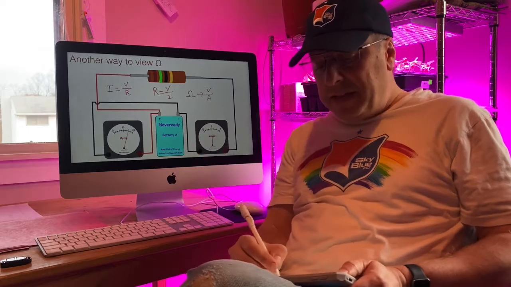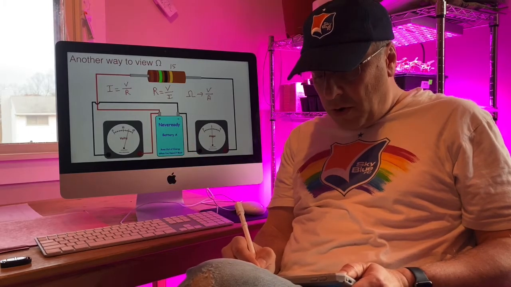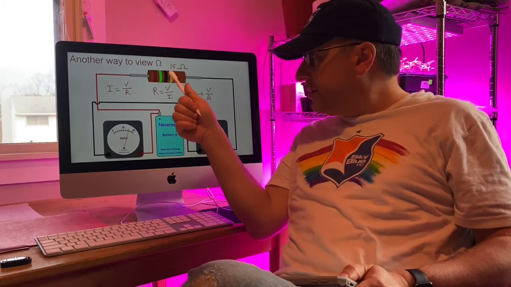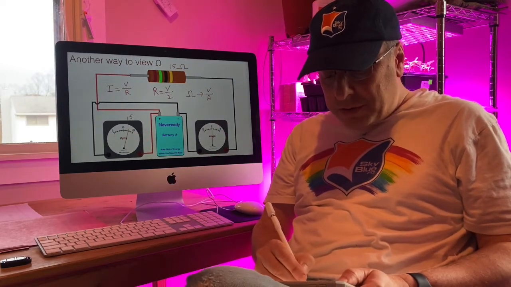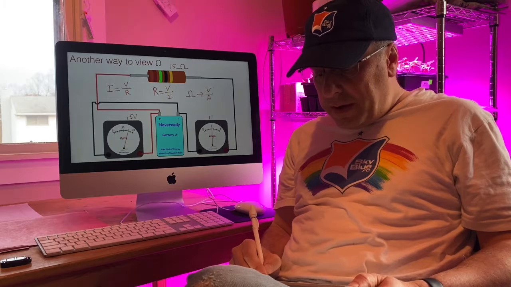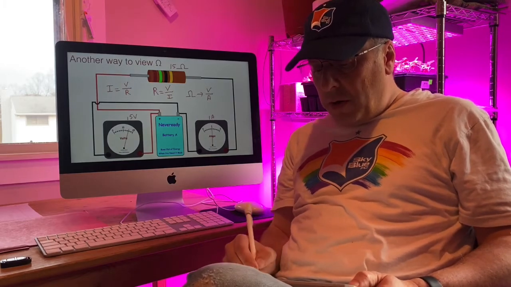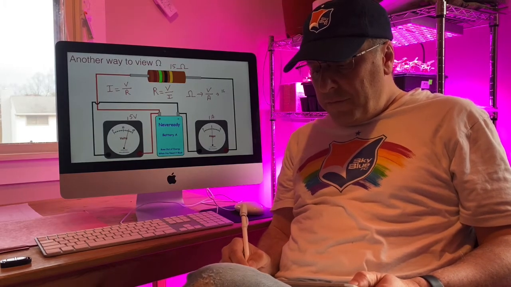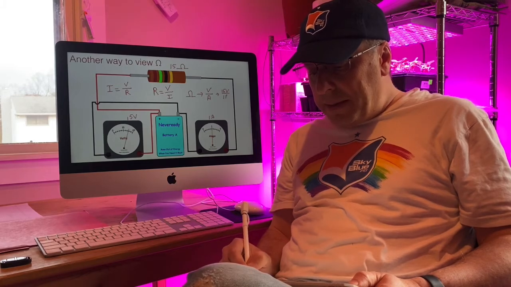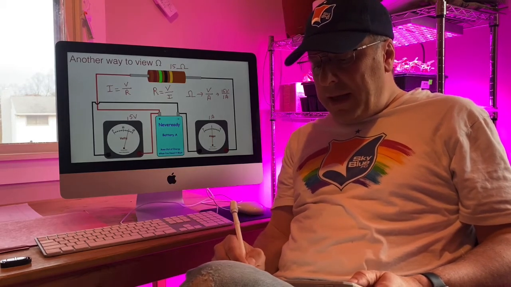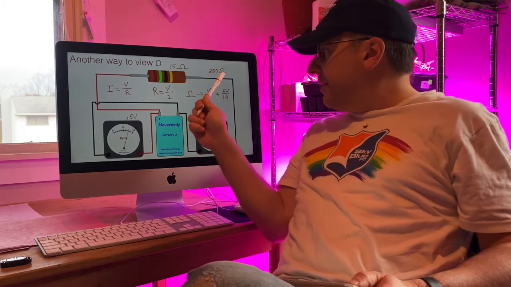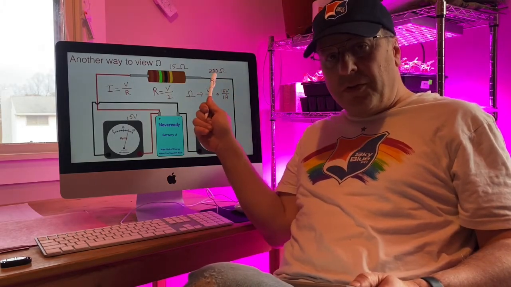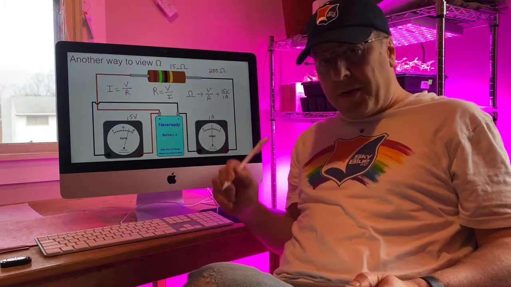What that means is that if you have 15 ohms, like for this resistor, it means that it would require 15 volts to create 1 amp. So ohms tells you volts per 1 amp. So if you had a 200 ohm resistor, that resistor would take 200 volts to make 1 amp go through it.